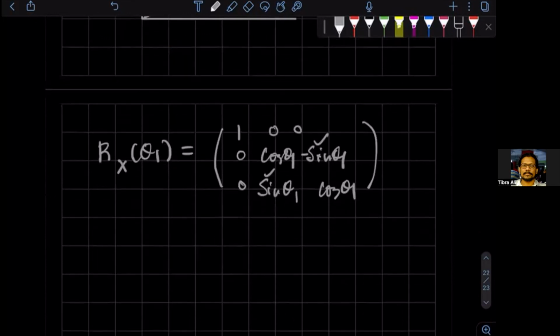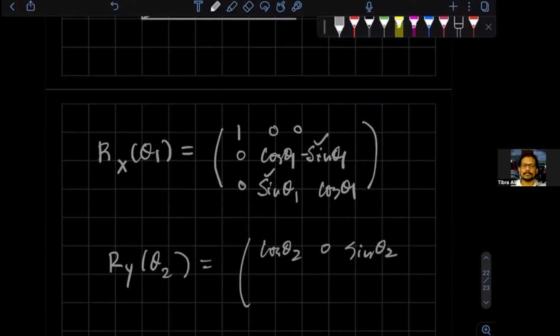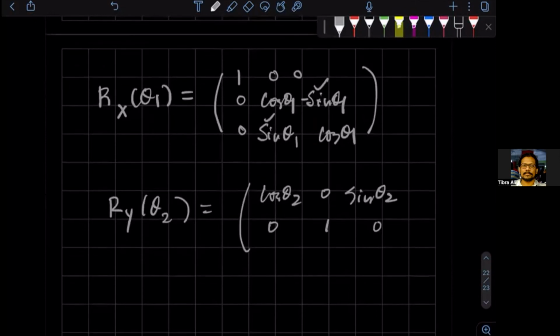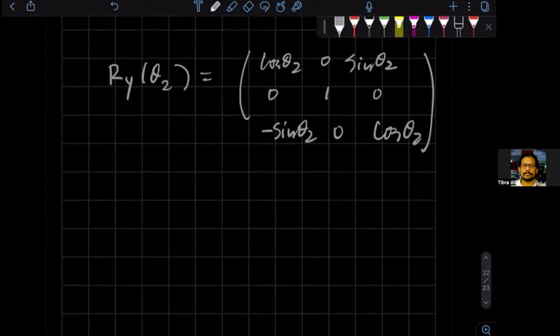So that's our Rx, and then similarly our Ry is going to have cosine of theta 2, 0, sine of theta 2; 0, 1, 0; minus sine of theta 2, 0, cosine of theta 2. All right? So each of these, Rx, Ry, and Rz, are actually elements of a subgroup. That's our next comment.